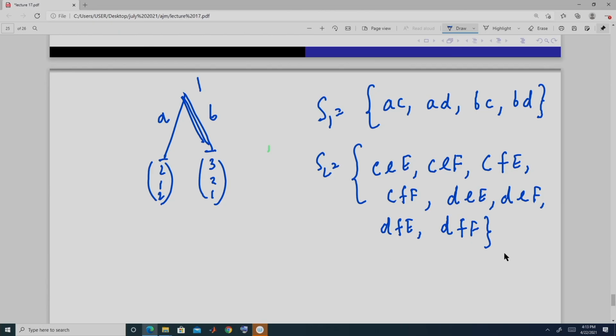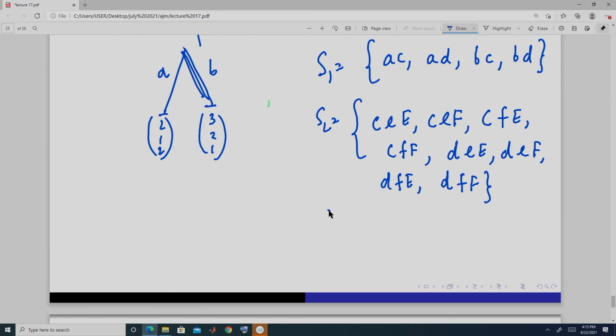These are the complete set of action plans that player 2 can have.